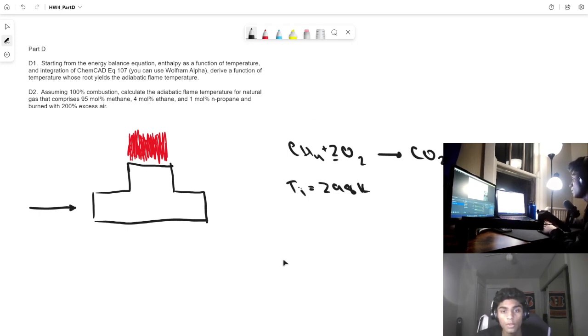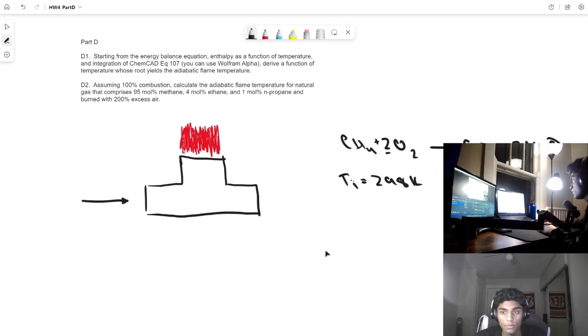So first things first, let's go over what I've drawn over here. This is kind of what our reactor is going to look like. We have an inlet here, some outlet here.